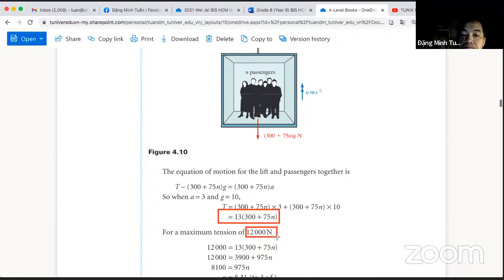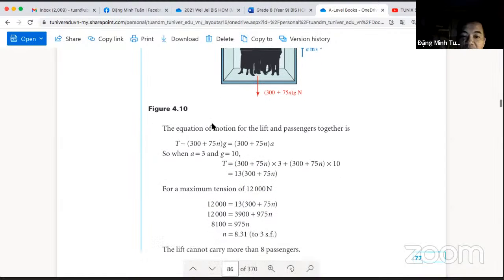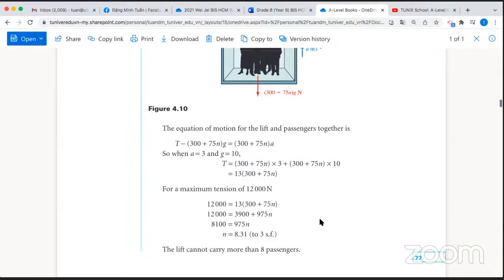For the maximum number n, you can make the equality, and after that you can find n. But n, the number of passengers, must be a positive integer. In this case, you find n equal to 8.31. So that means the lift can carry at most 8 passengers. Got it?